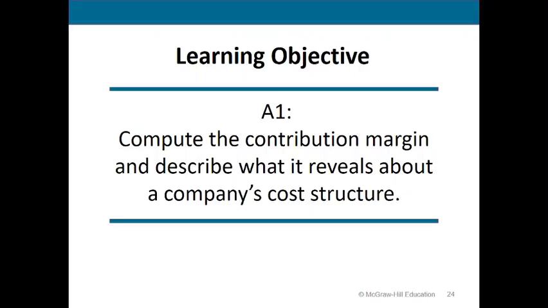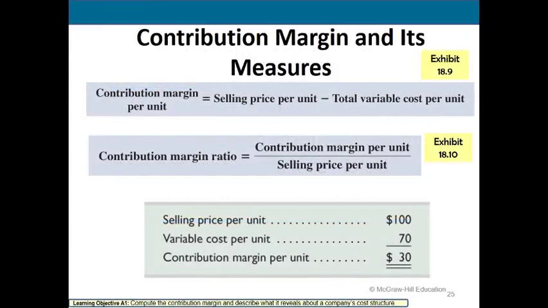Let's talk about what a contribution margin is and what it reveals about the company's structure. You can have a contribution margin per unit as well as a contribution margin ratio. Contribution margin per unit is simply the selling price of a unit minus its total variable cost per unit.